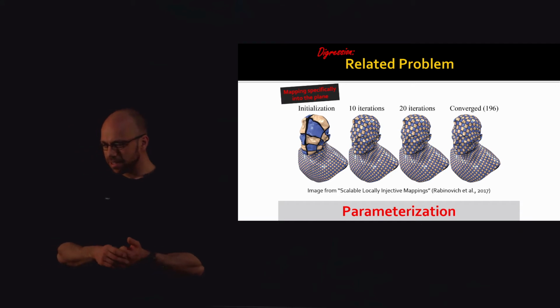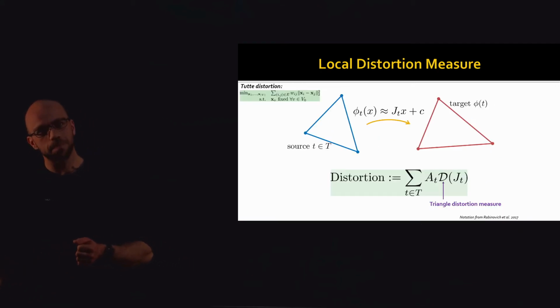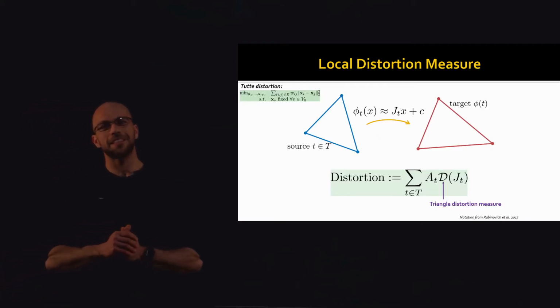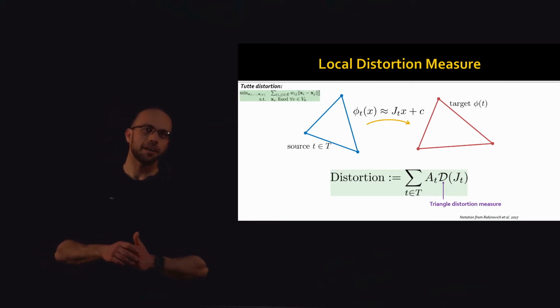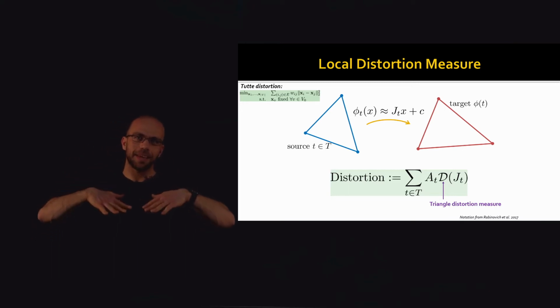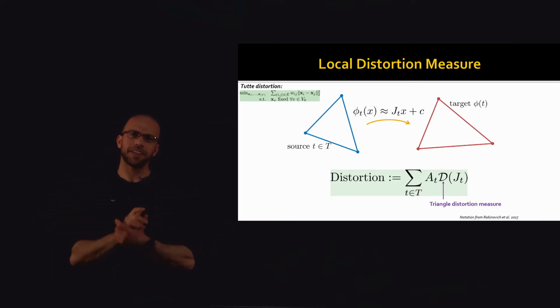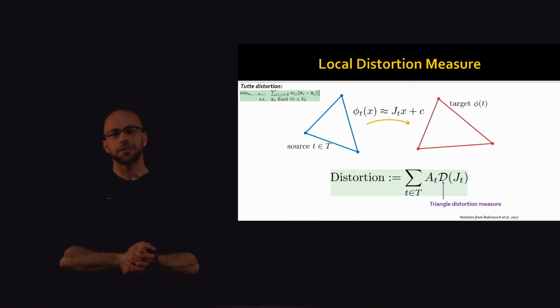The basic idea of almost all of the recent SIGGRAPH papers in this space is illustrated here, where we have a mapping of our 3D surface into the plane, and in the parameterization problem, really our variables are just a two-dimensional coordinate per vertex on the mesh, right?